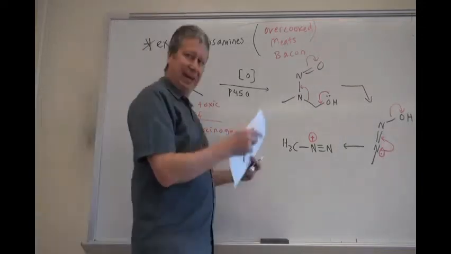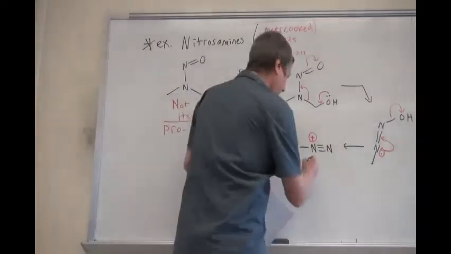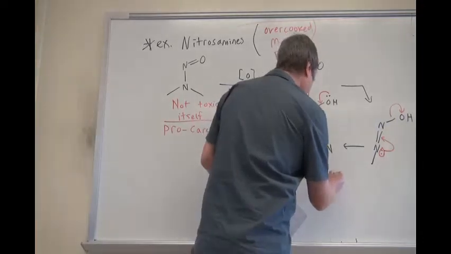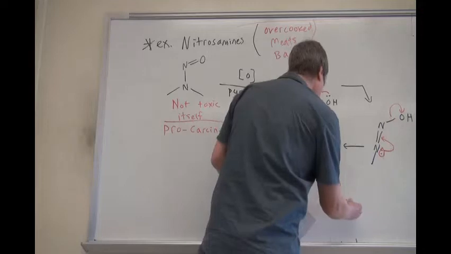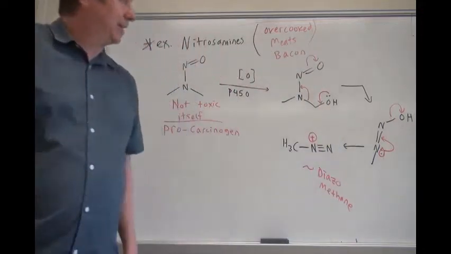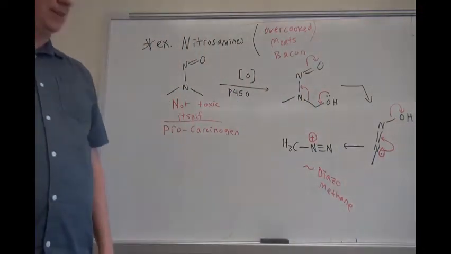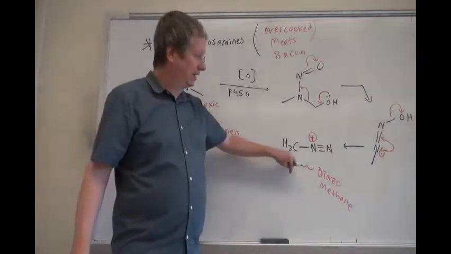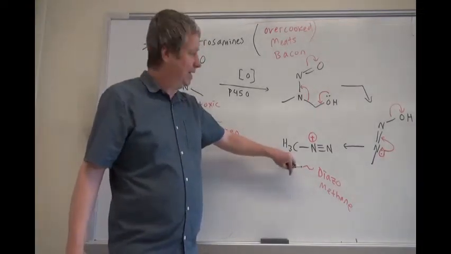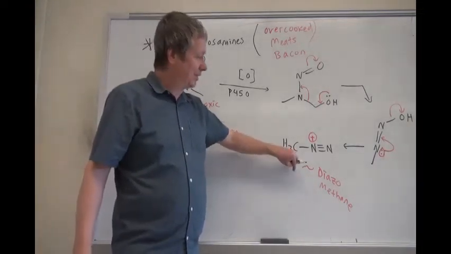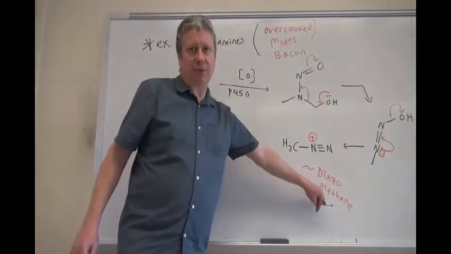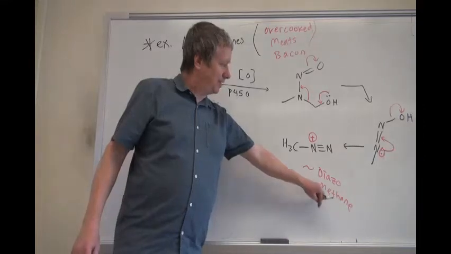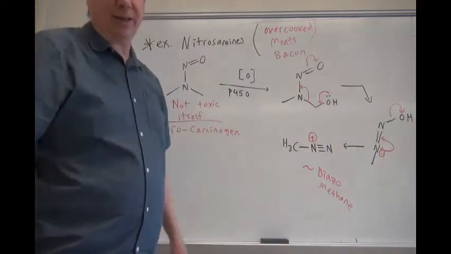This is kind of like diazomethane. I'll just write, it's diazo. I'll show diazomethane in a second. But the diazomethane has a loss of a proton. So this is very similar to a structure called diazomethane. Diazomethane is also a supercarcinogen. We'll see that in a second, so hang on to diazomethane.